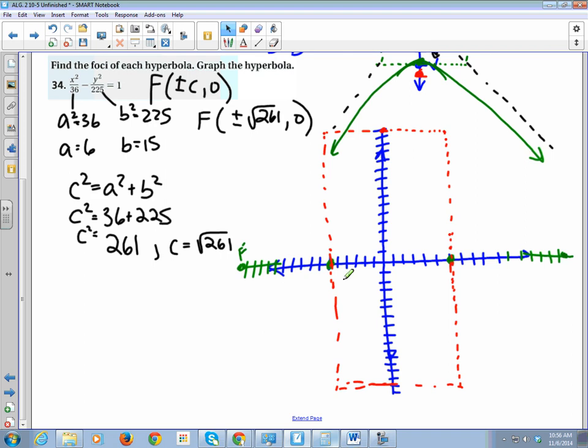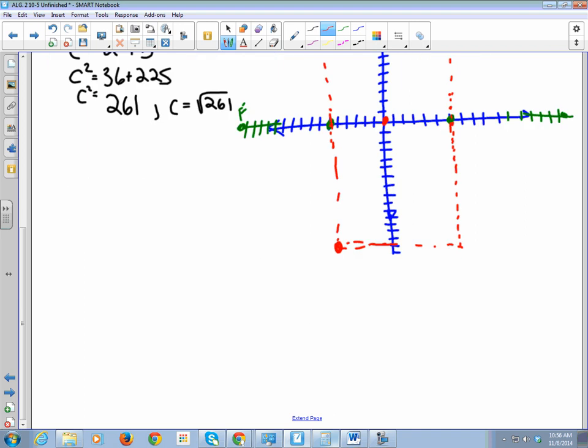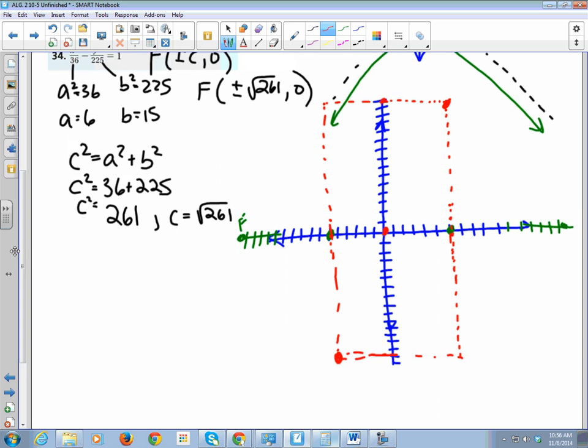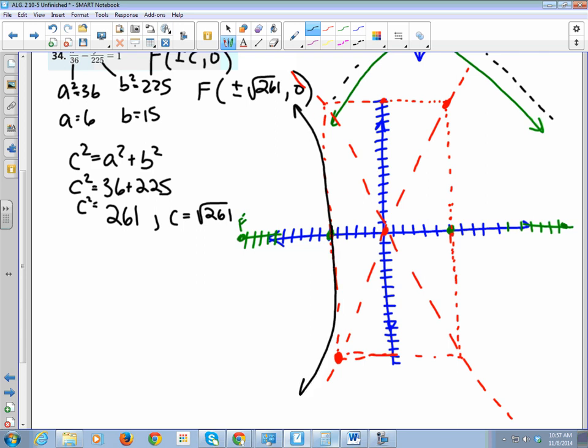So my asymptote is going to go through the corner, the center, and the corner. So here's my first asymptote and my second asymptote. It's going to do the same thing. So my graph is going to be really wide. He's a fat guy. And really wide.